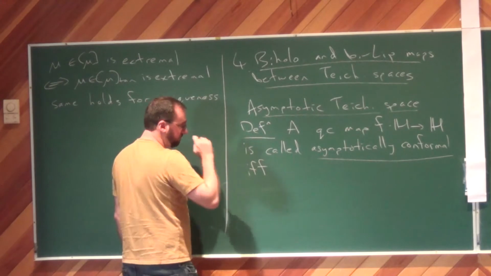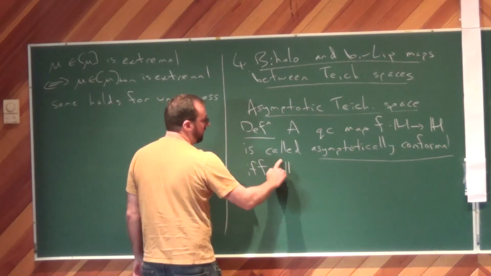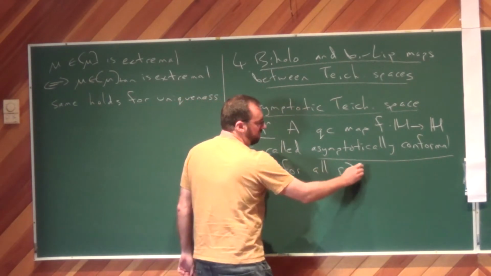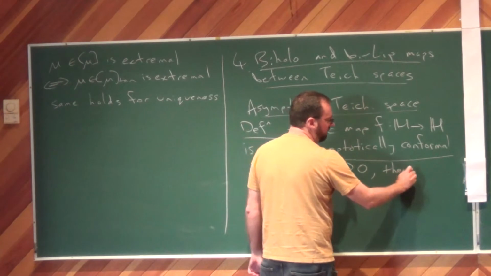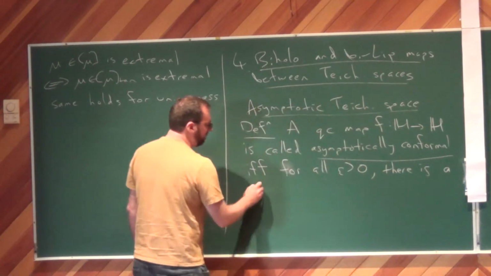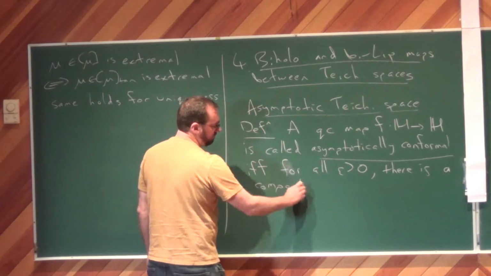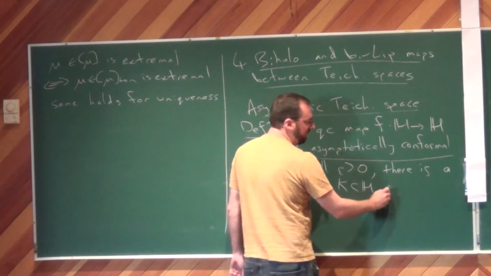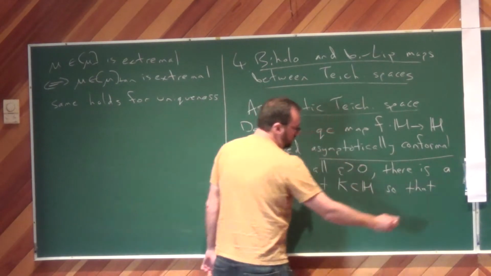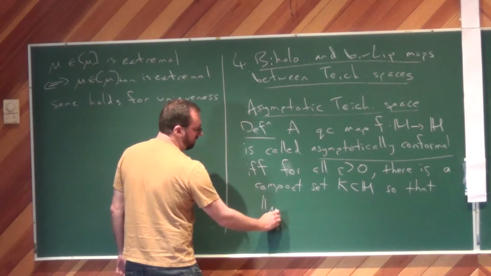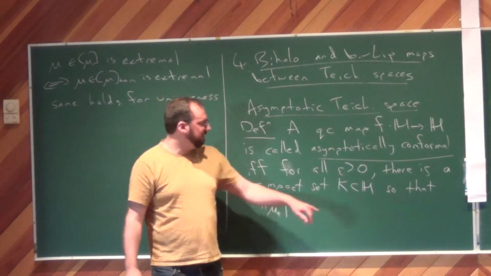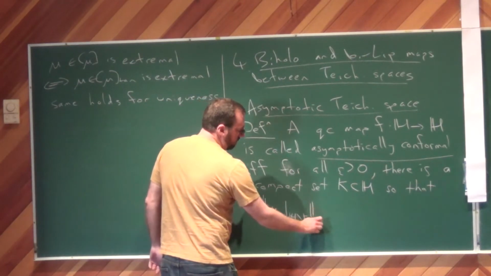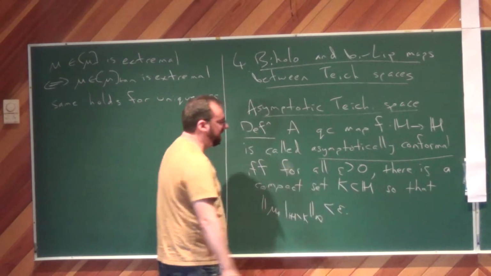if and only if for all epsilon greater than 0 there is a compact set K in the upper half plane, so that if you look at the complex dilatation of F and you restrict it to values outside this compact set, then that is less than epsilon.